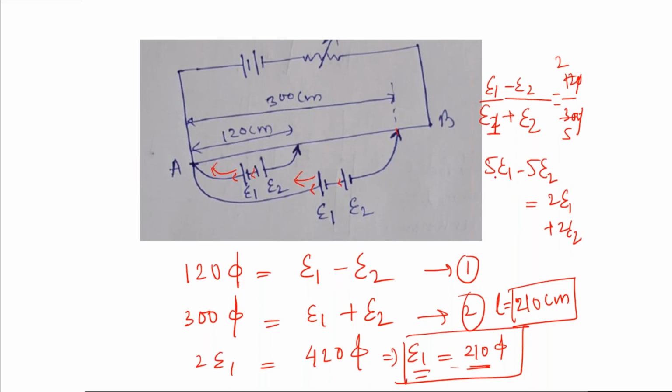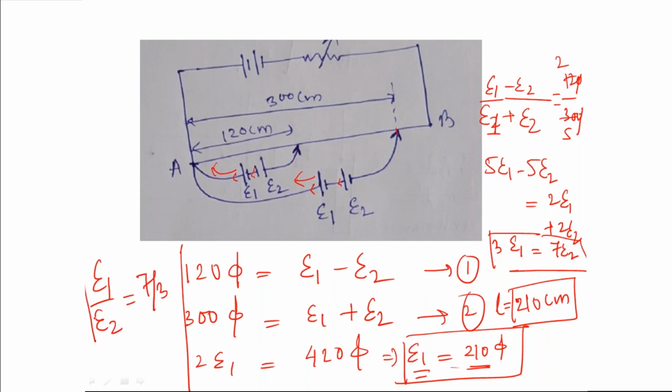If you simplify, you get 3E1 is equal to 7E2. So the ratio E1 by E2 is 7 by 3. This was a question from an old CBSE paper.